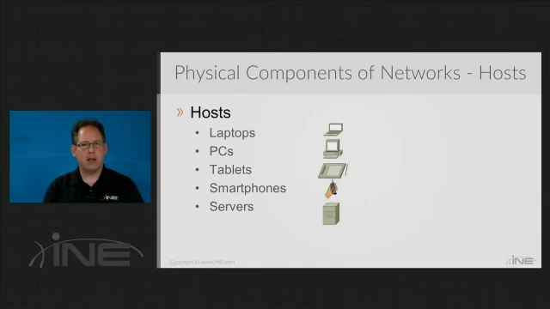And I'm sure you can probably think of the opposite. What is a networked application? Microsoft Outlook, Firefox, Chrome, all these things that inherently have networking ability built into them, that were designed to be able to send and receive data to other remote devices. So all those things together are what make up our hosts.